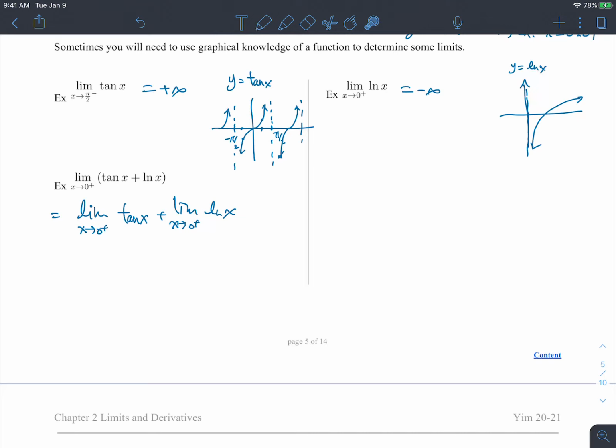Now, we know that this is what? Negative infinity, right? Because we've already done it. So we're adding negative infinity. And we have, in this case, from the positive side, when you approach 0, that's 0, isn't it? So 0 plus anything is itself. Therefore, this must be negative infinity.